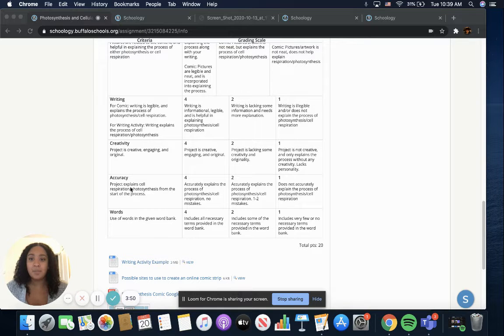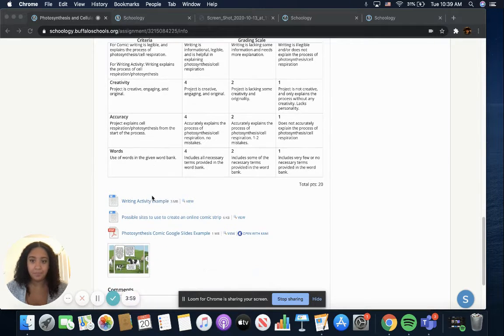Accuracy, they explain respiration or photosynthesis from the start of the process all the way to the end of the process, and it is accurate. And for words, use of words in the given word bank. So for the writing activity, you would do at least 8, or for the comic strip, you would use at least 6 of the words given in the word bank.